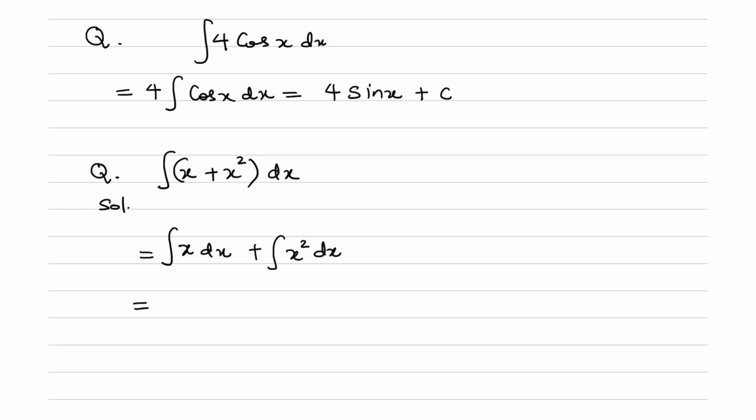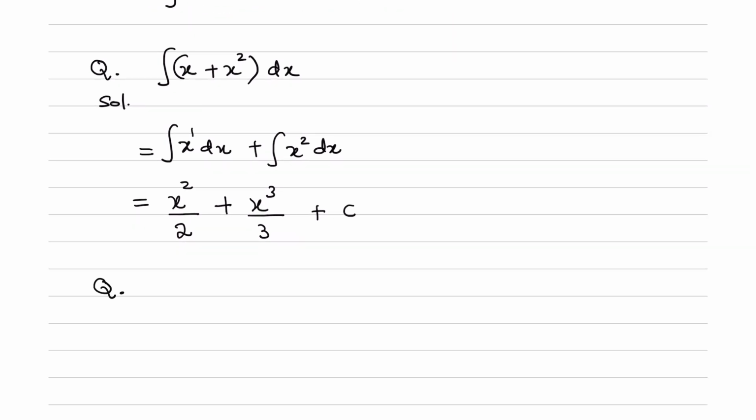Now integration of x by power rule of integration: the power here is 1, so 1 is added to this 1, which is 2, and this power is also written in the denominator here. Plus, the same way by power rule of integration, we have x cube and this 3 also here, and we also put some constant.